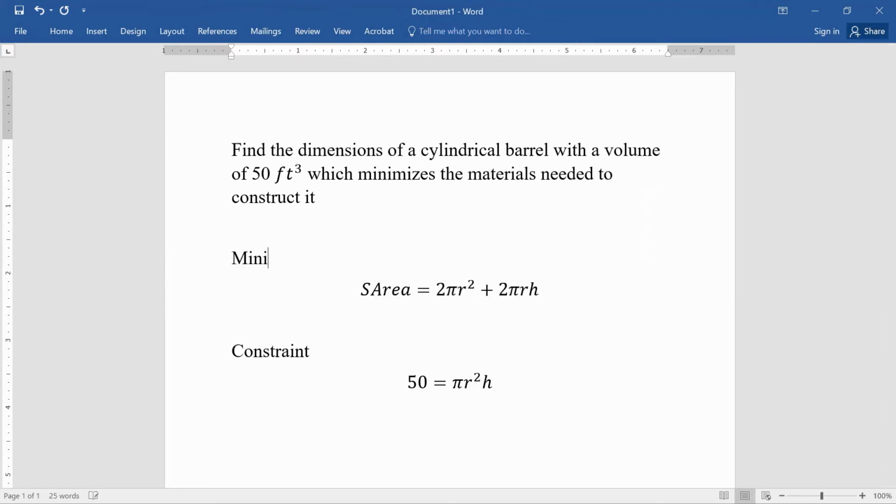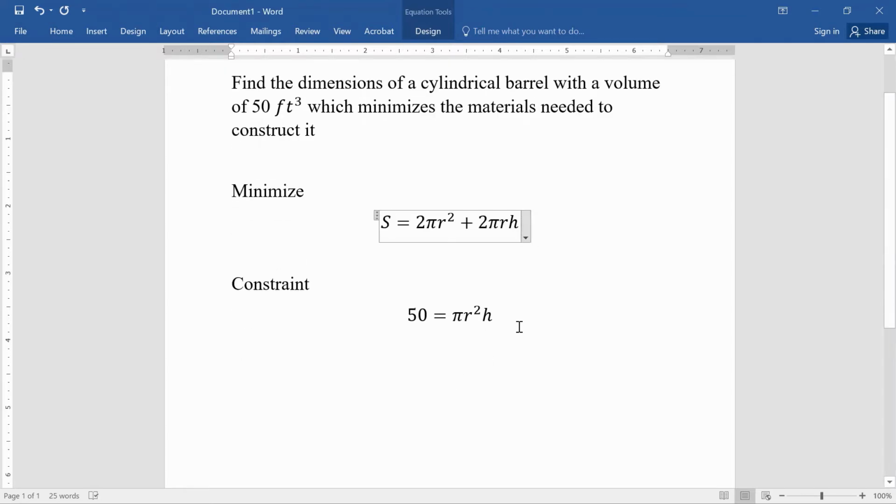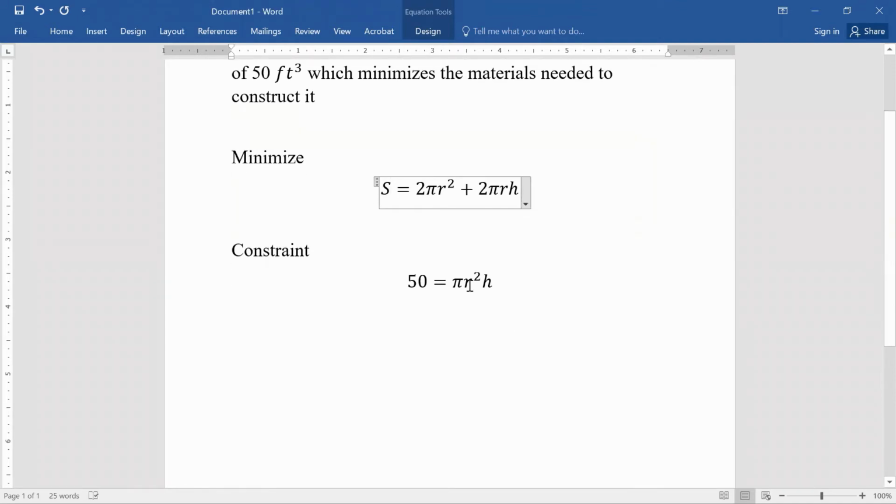So we want to minimize the surface area because that's where my materials are going, with the constraint that the volume has to be 50. You can either solve for h or r. I think in this case, it's a little bit easier to solve for h. So h is equal to 50 divided by pi r squared.